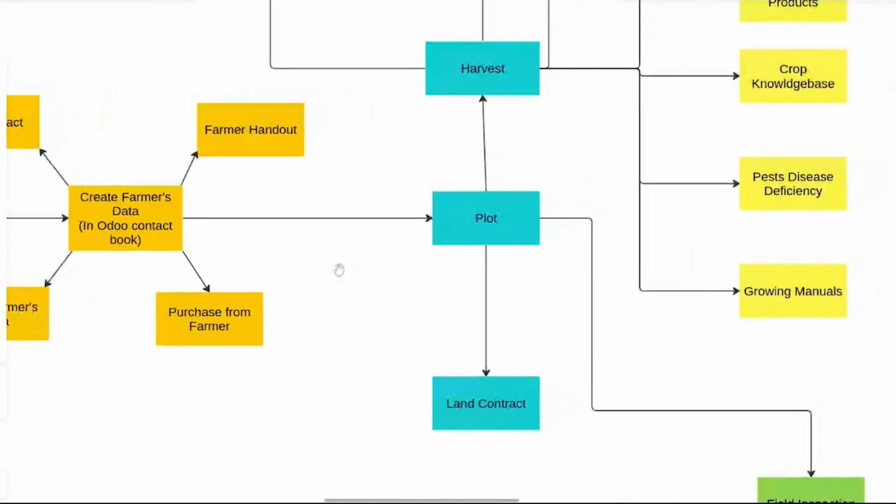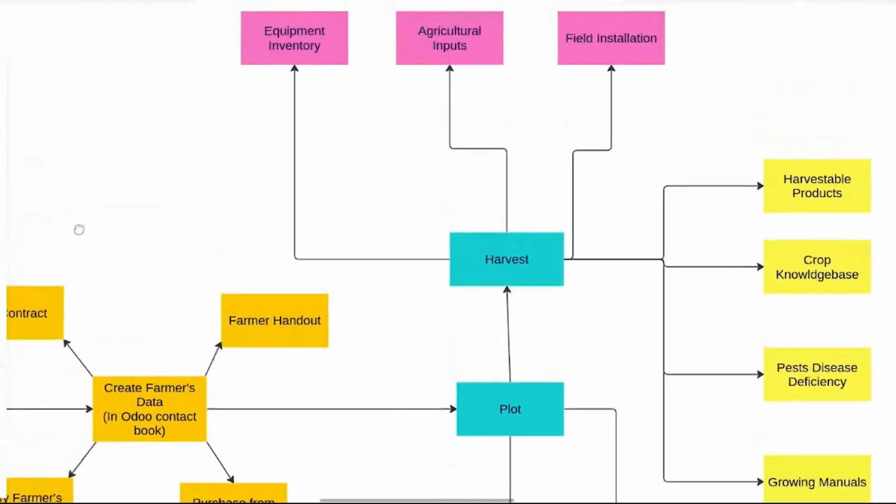Along with that, we link the plots of the farmers, and with each plot there would be a harvest. Let's suppose the plot is not their own, right? There could be some land contracts linked to it as well. That is background information we require to make our business background stronger.